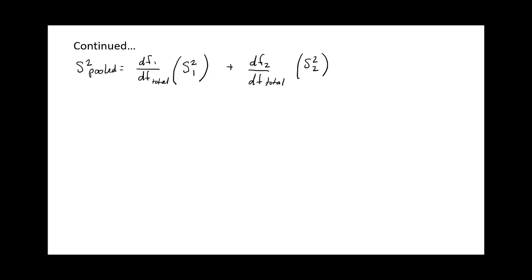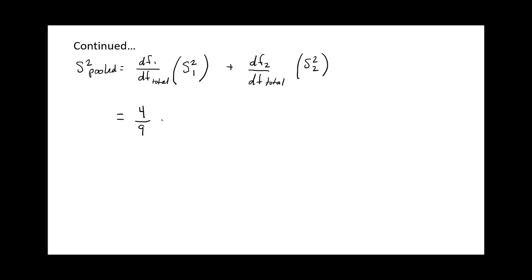So we need to find out what the pooled variance is, so the total variance between those two groups. And we do that by plugging in some information. So we know from last slide that we have degrees of freedom for each group, and we also can add together degrees of freedom and tell us what the total is. So for group number 1, which had 5 people, the degrees of freedom are 4, the total degrees of freedom is 9.